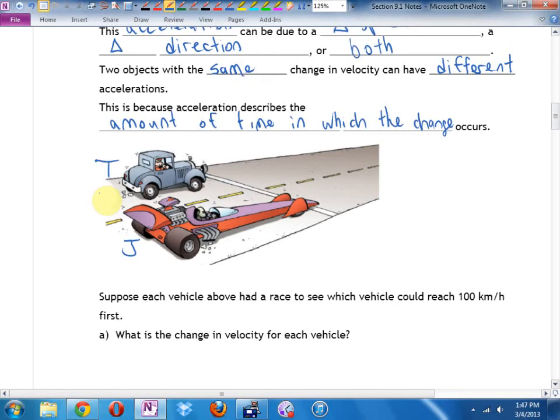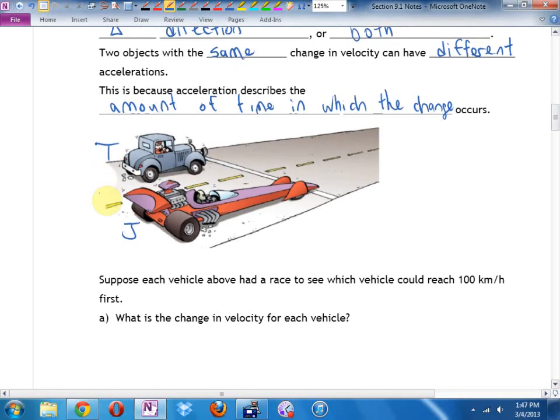First of all, what's the change in velocity for each vehicle? Well, what they're asking is, what's change in anything? Now, you may already know the answer to this, but I'm going to walk you through the math so that when the numbers aren't that easy, you can crunch the numbers still. It's going to be, final minus initial.